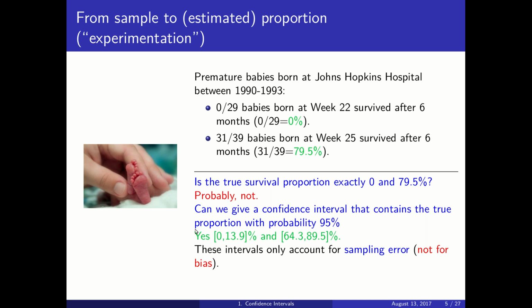And if you apply these formulas to this data that you have observed, the confidence interval of 95% confidence is from 0 to 14. So we have observed 0, but it is reasonable that the true parameter of the population is between 0 and 14.